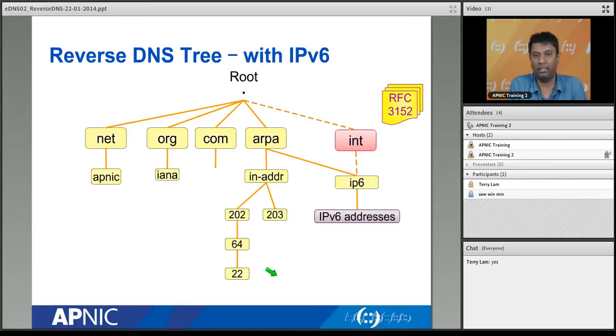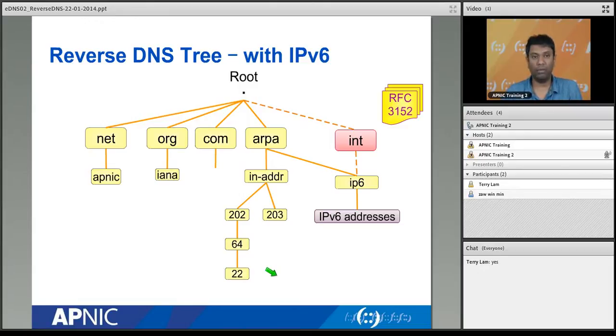So APNIC will make a delegation towards 8 hex digits, and from there, if you create further subnets, you'll get another 8 hex digits to be delegated towards your subnets. Okay, so that is how the reverse DNS delegation tree works for IPv6.